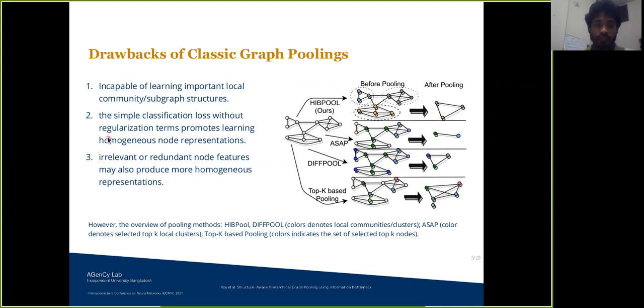Besides, simple classification without a regularization term may also promote learning homogeneous node representations across the whole graph, which naturally imposes a challenge for simple pooling methods to learn local structures. Redundant node features may also produce more homogeneous representations.